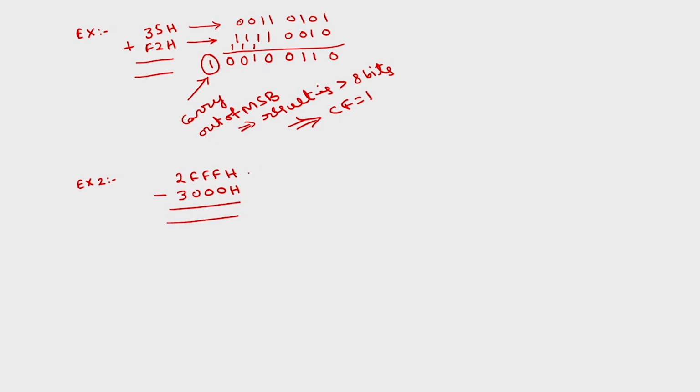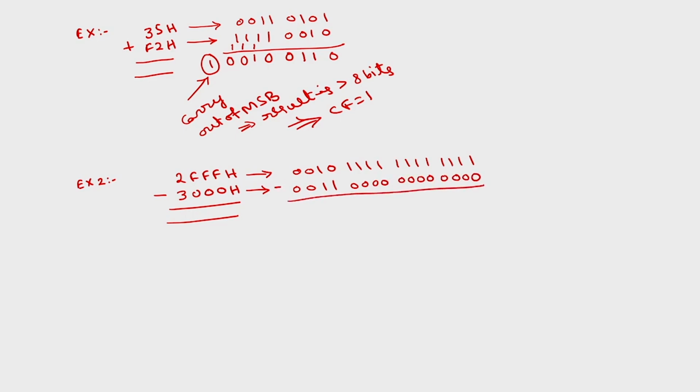So, 2FFH will be the 16 bit equivalent of this one: 0010 1111 1111 1111. 3000H will be 0011 0000 0000 0000. So, you have to perform this binary subtraction.